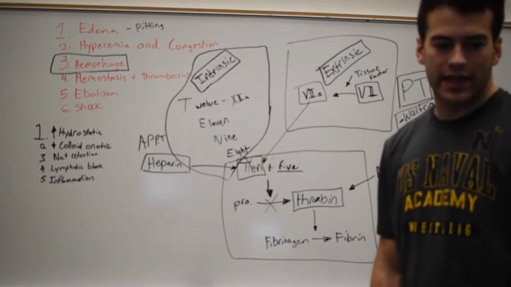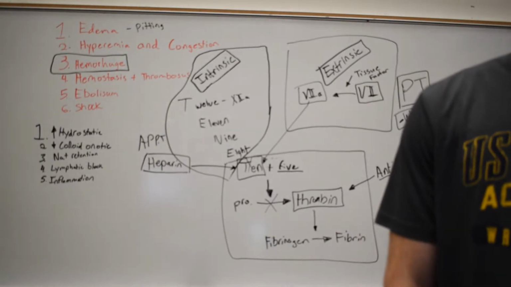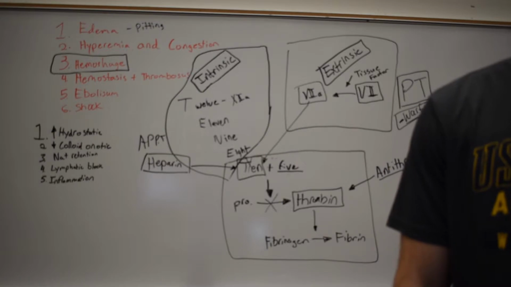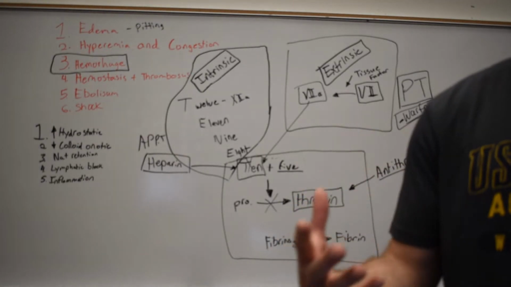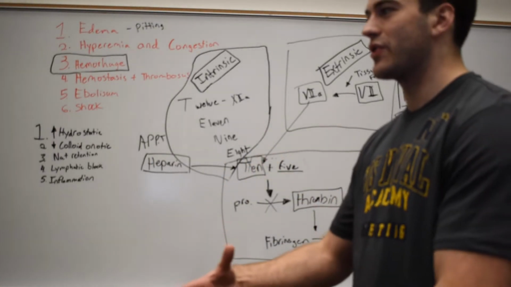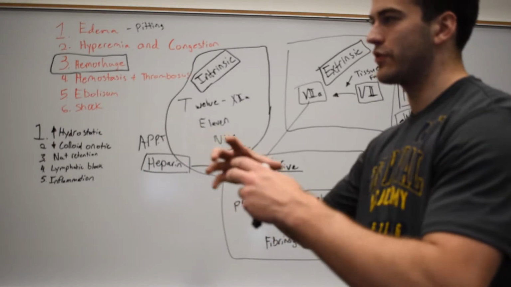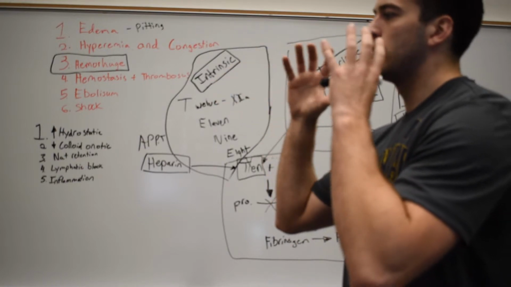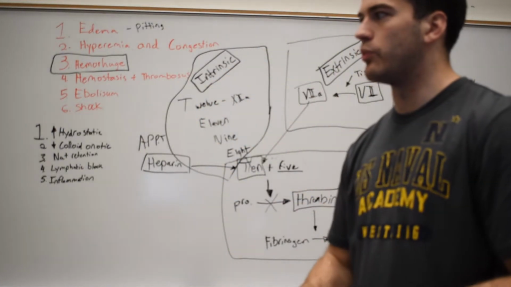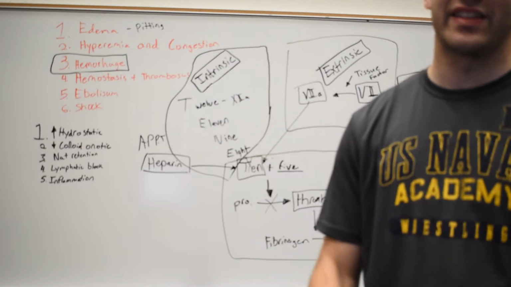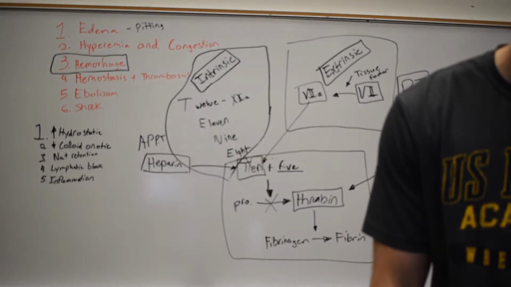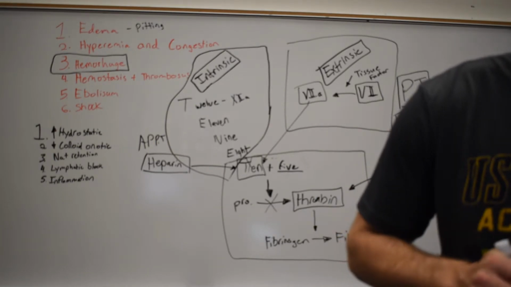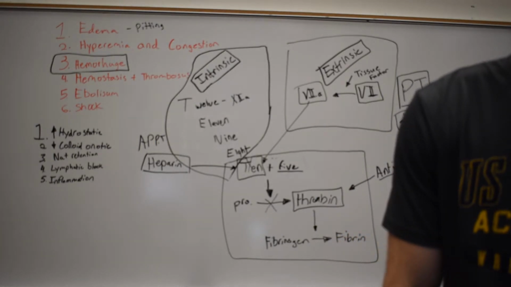D-dimer is just a test of how much plasmin-digested insoluble cross-linked fibrin we have. So it's a measure of how much clotting we have, how much fibrin is connected to platelets to make a plug and an insoluble clot. All right, so it's going to be elevated in DIC. Remember that.